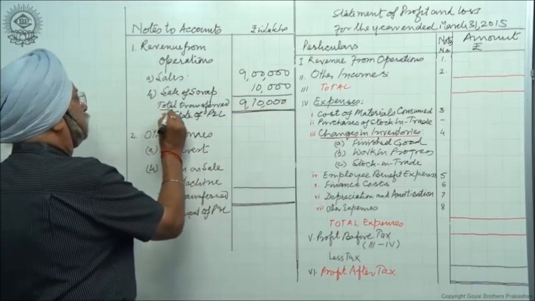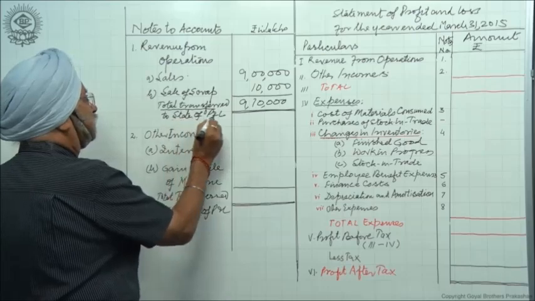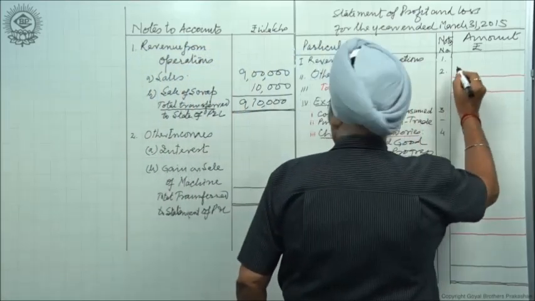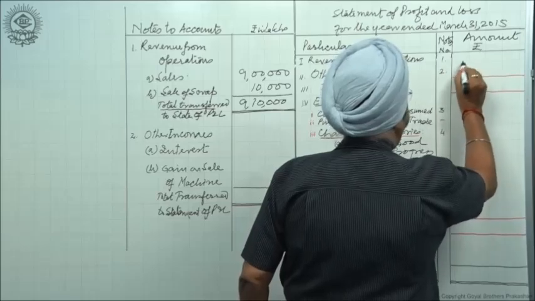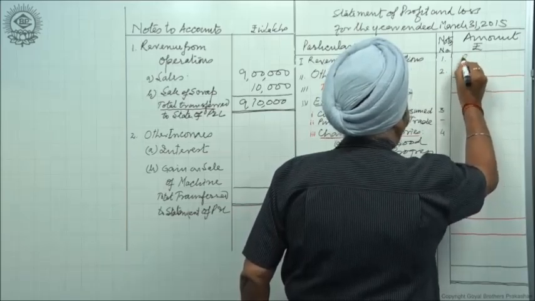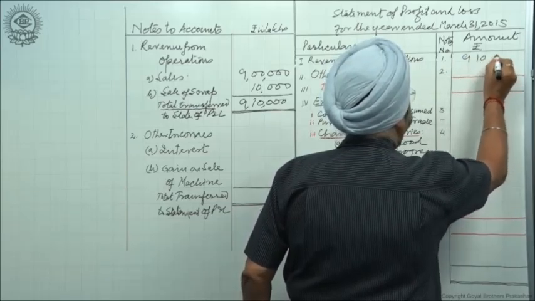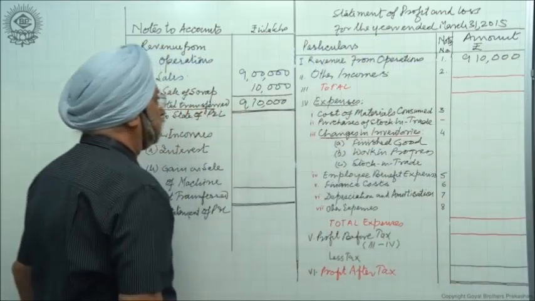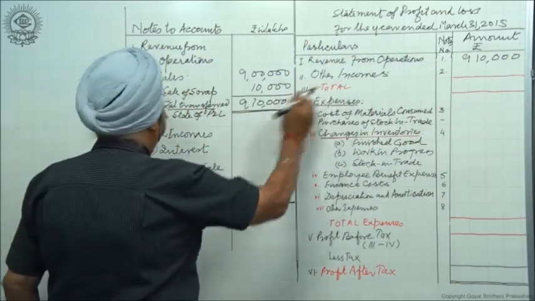This total is transferred to the statement of profit and loss account. I write this total here, 9 lakh 10,000 against this. 9 lakh 10,000, okay.